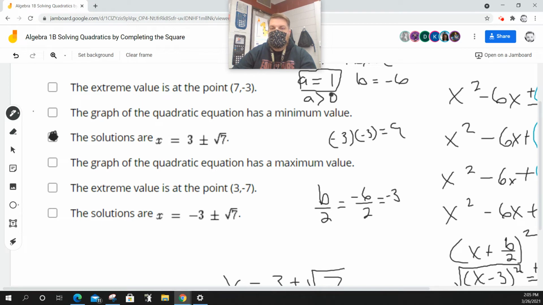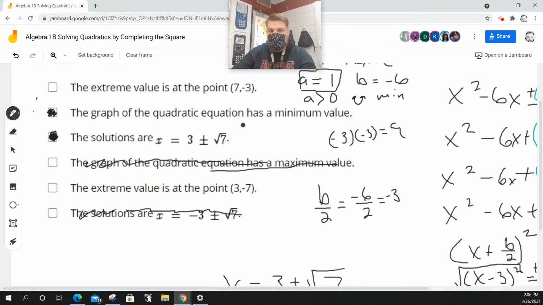A is greater than 0. If A is positive, it opens up like this. So that would be a minimum. So the graph definitely has a minimum value because it's quadratic. It doesn't have a maximum. The only way it would have a maximum is if A was negative. Somebody made a simple mistake.